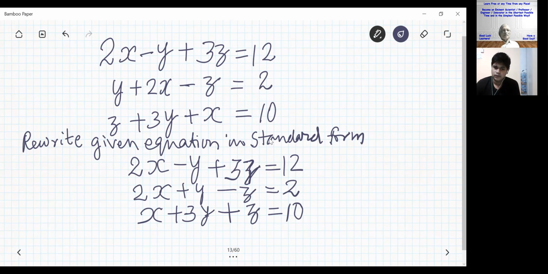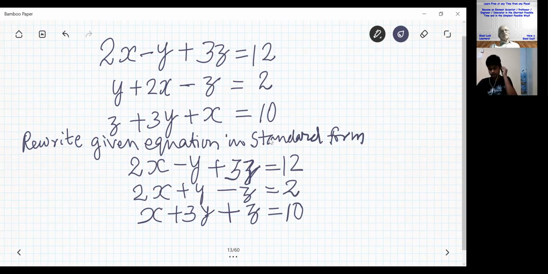So the second column will be minus 1, plus 1 and plus 3, but plus we will not write.